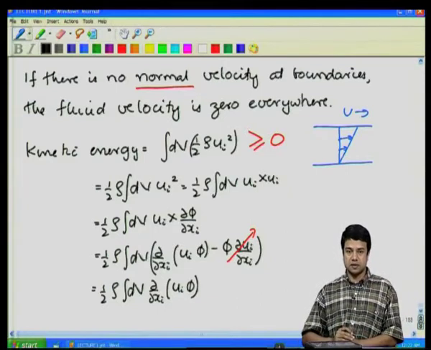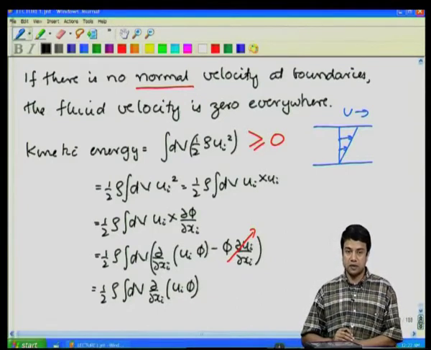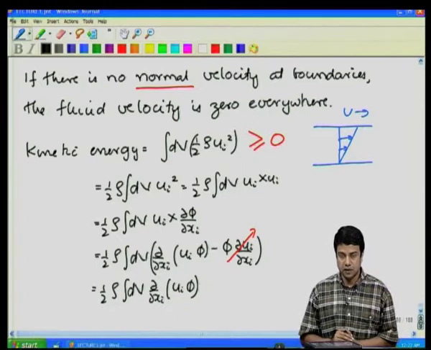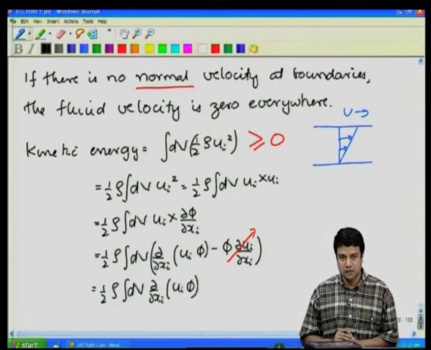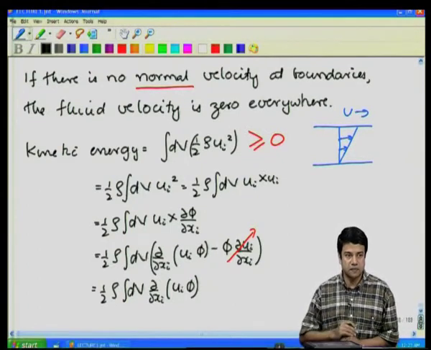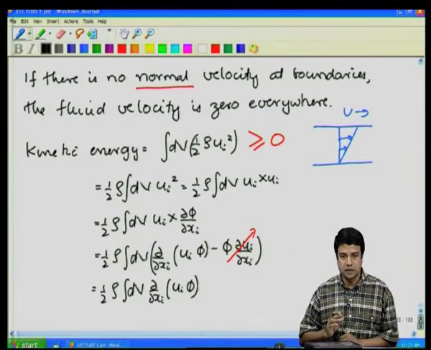This is the divergence of u times potential integrated over the entire volume. It can be reduced to a surface integral of the unit normal times the vector. The integral of a divergence of a vector over the volume is equal to the integral of the unit normal times the vector over all the surfaces that are bounding this volume.